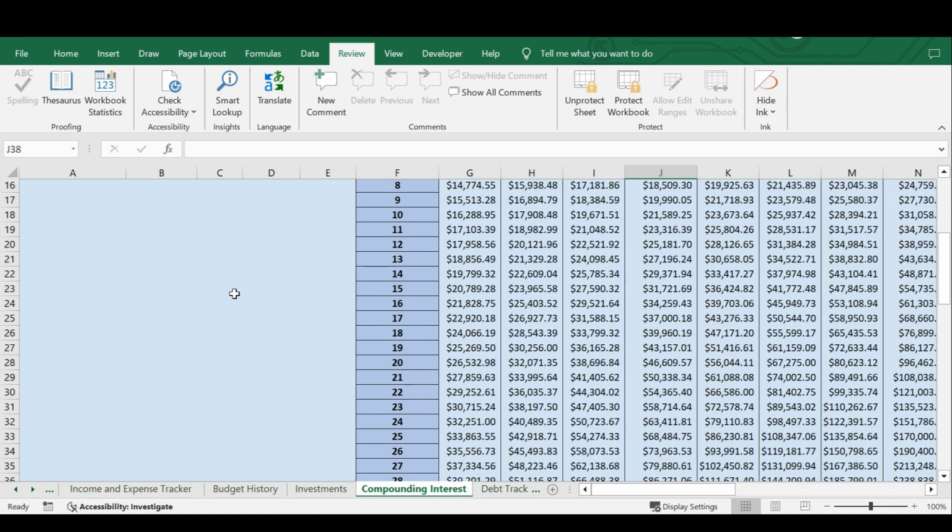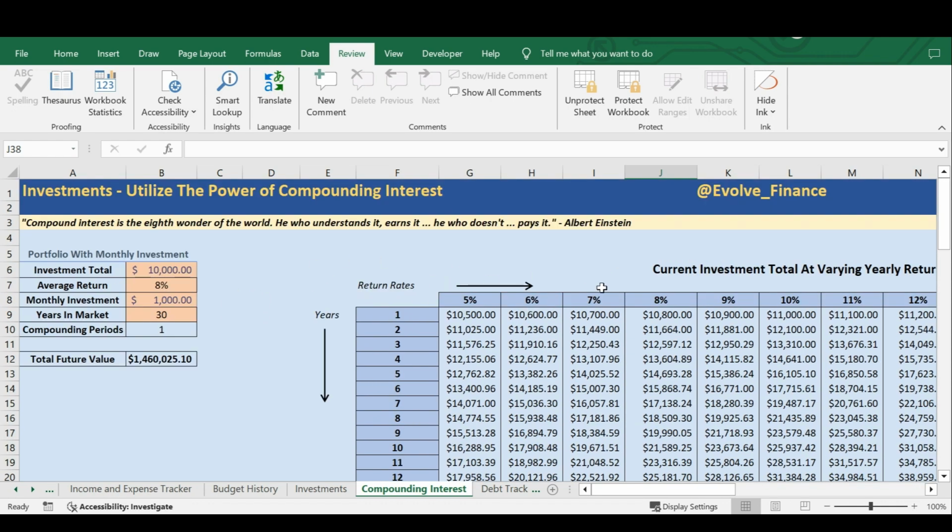That is a difference of over $1 million if I did not invest any additional money, compared to a projected $1.4 million if I continue to invest $1,000 monthly. This is the beauty of compounding interest. You can have fun playing around with these numbers. The idea is to keep you motivated and give you visibility into what the future can hold.